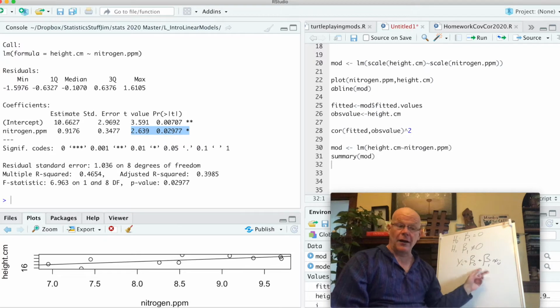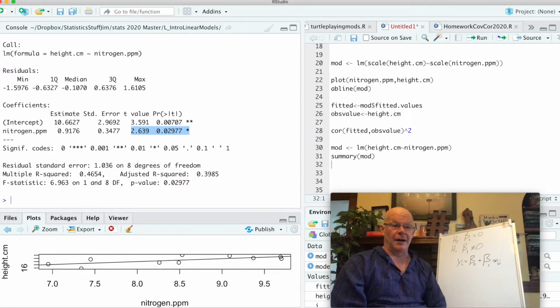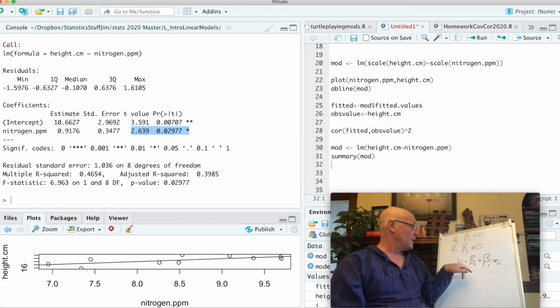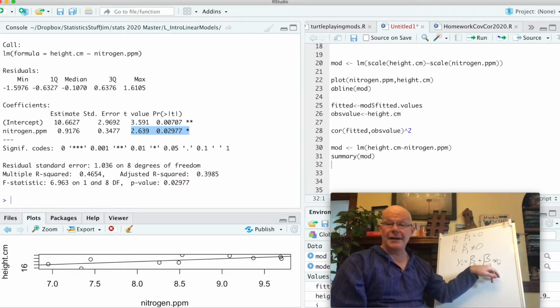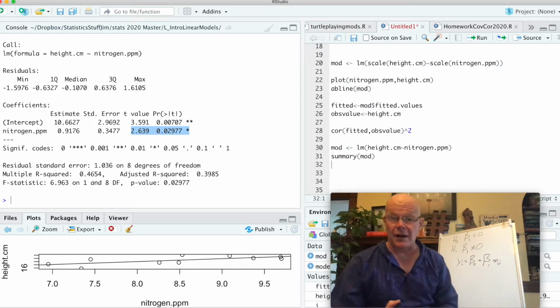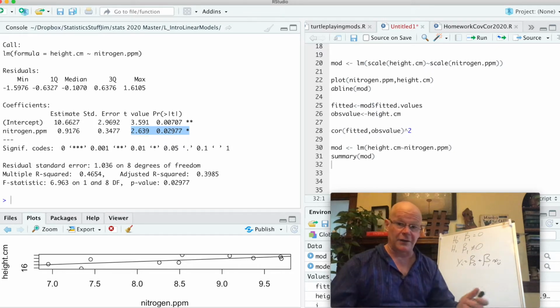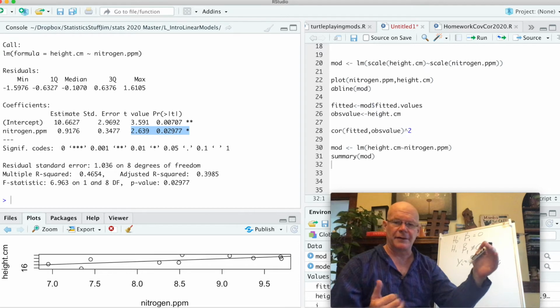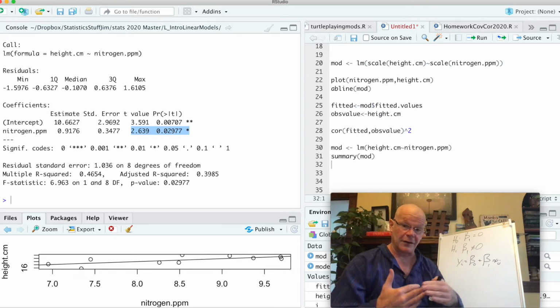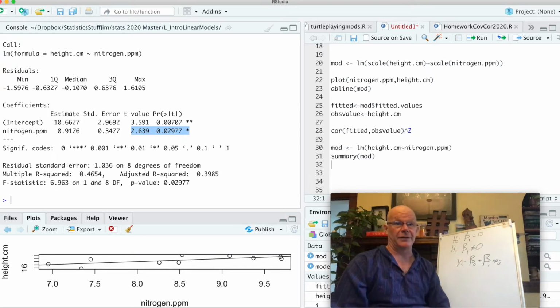Our standard error around the slope is similarly going to tell us something about the uncertainty around our estimate of the slope. And so our uncertainty around our predicted values is going to be a function of the standard error around the slope. As that standard error is larger, our uncertainty around our predicted values is going to be larger. And if our standard error is small, it's going to be less uncertainty.